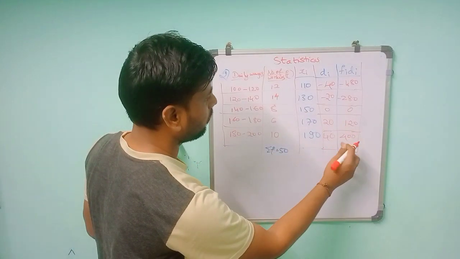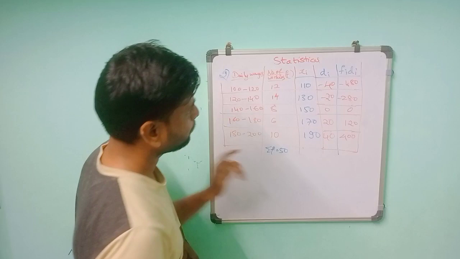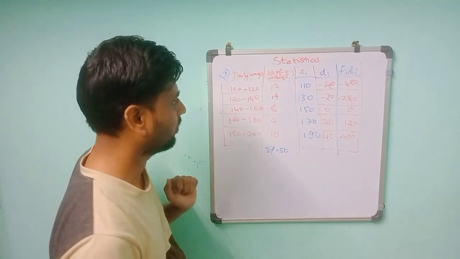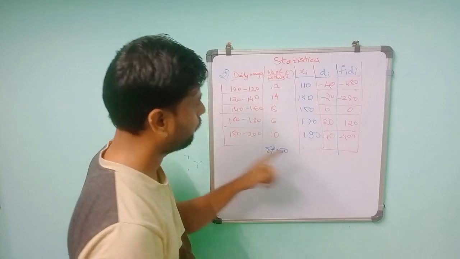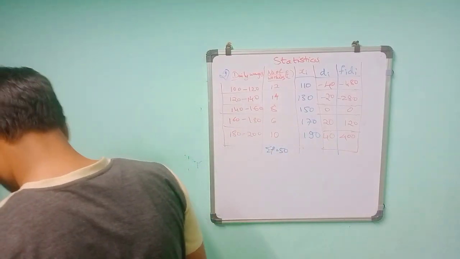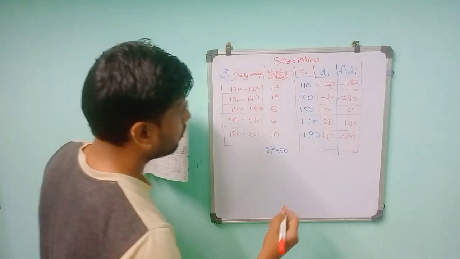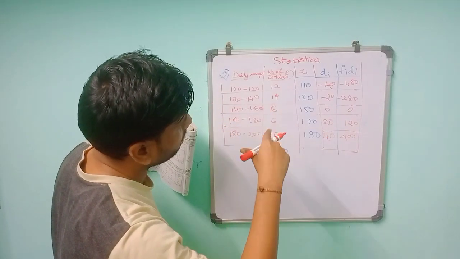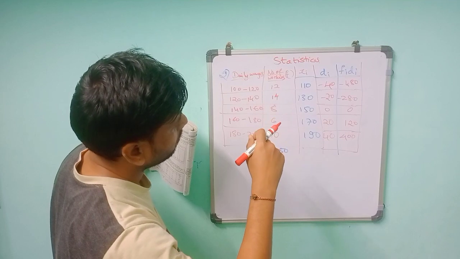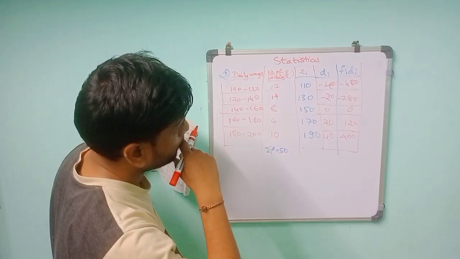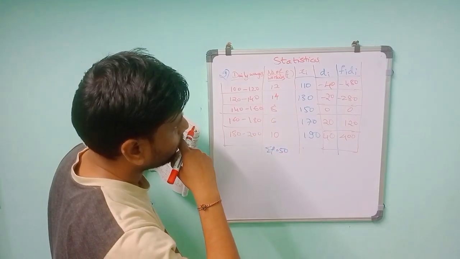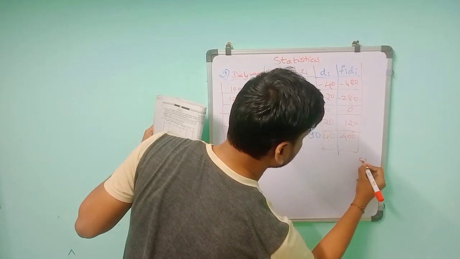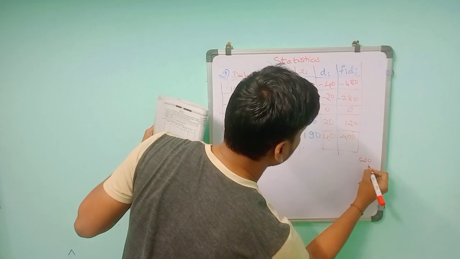So first we add this one, 480 plus 280 means 760. If you add 120 plus 400 is 520.